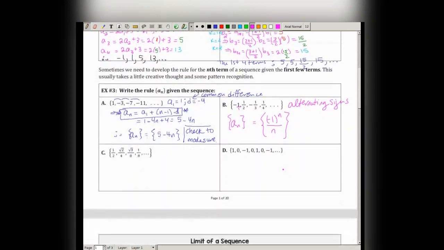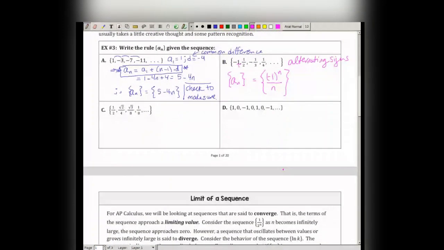C. What do you see for C? We have 1/2, then square root of 2 over 4, then square root of 3 over 8, then over 8. So we notice a pattern here in the first three, and the pattern is what? Square root of n, you'll agree, over 2 to the power n.